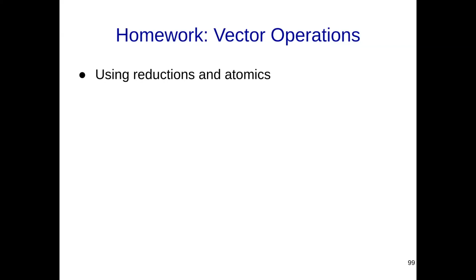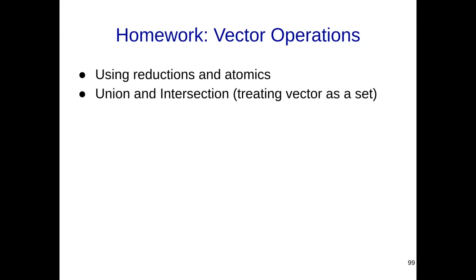In some limited cases, you might be able to use atomics instead of reductions, which might use some hardware-supported intrinsics, and that might turn out to be faster, even more than reductions. So that you should try out. Some of the other examples that I would like you to try: let's say you are given two vectors and you want to take a union of all the elements inside those, treating the vector as a set.